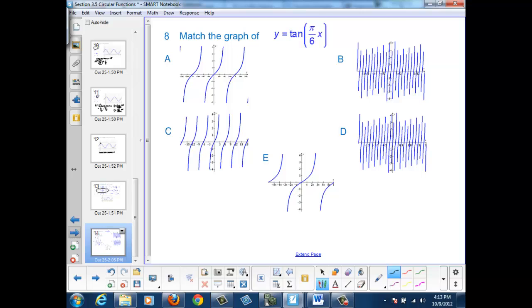Here's another example. If we want to find the graph of the tangent of pi over 6x, we see that the only transformation we have is a horizontal dilation. Now, for the sine and cosine, our b value comes from 2 pi over the period.